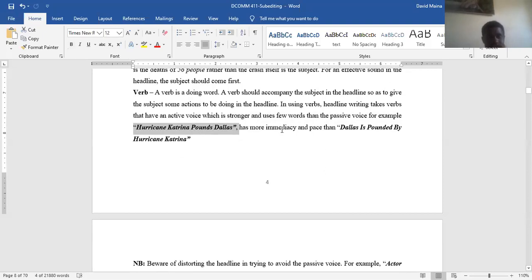It has more immediacy than Dallas is pounded by Hurricane Katrina. It is just like saying President Uhuru Kenyatta donates 5 million to the pandemic.